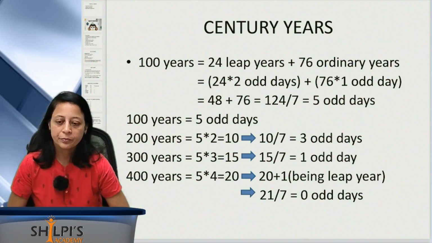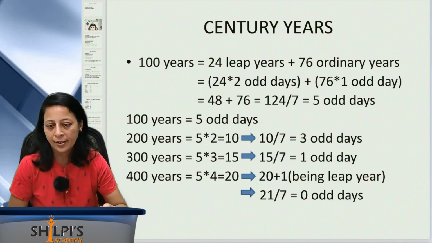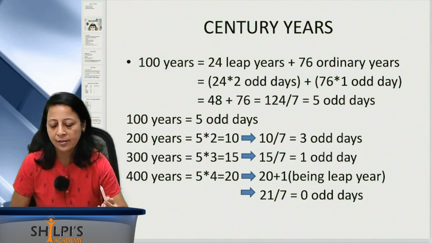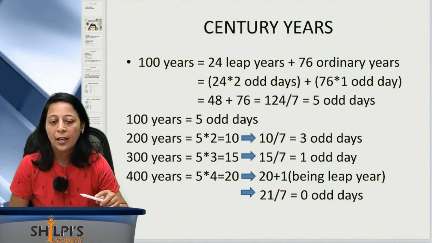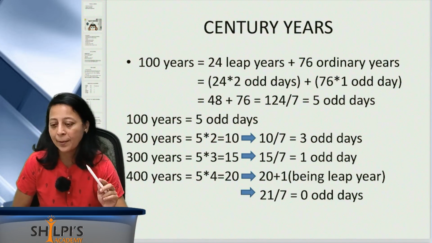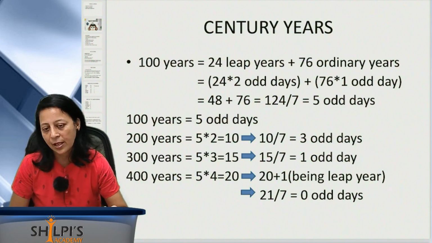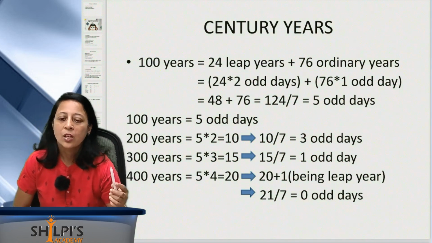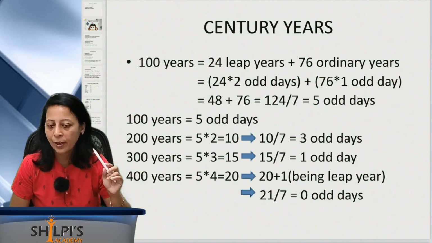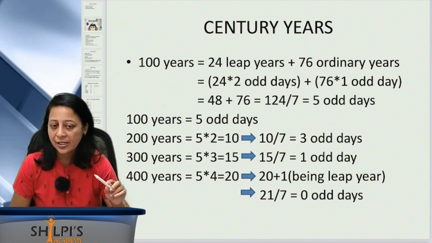Okay. So when you take 100 years, just to start with, it has got 24 leap years. Just divide 100, okay, and see that. So you get 24 leap years for 100 years plus 76 ordinary years.